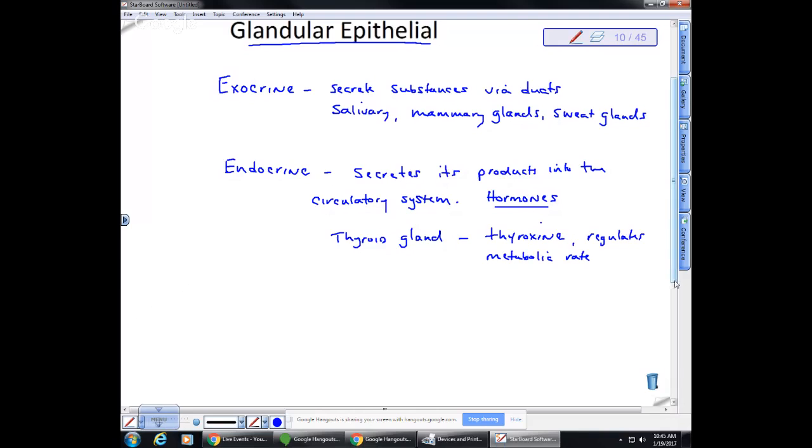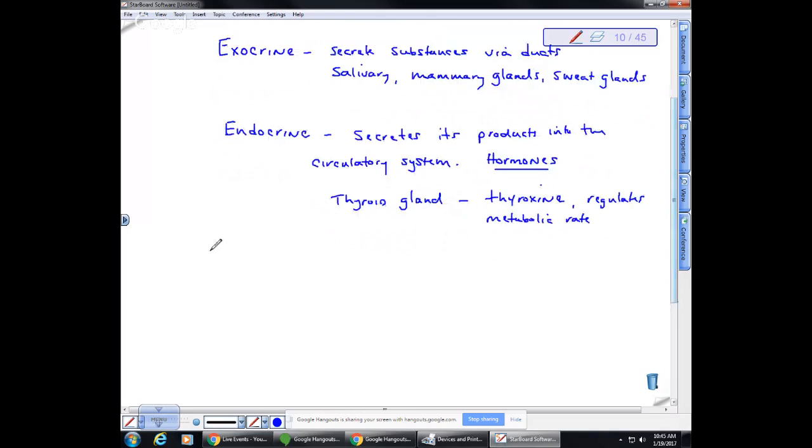Now, sometimes glands are also classified by their structure. So this is more function, I guess, but their structure: simple versus compound, and tubular versus alveolar.